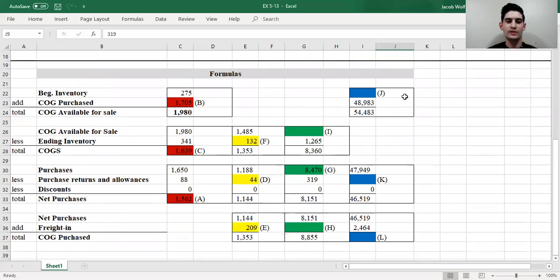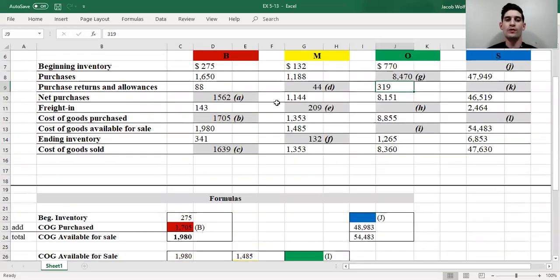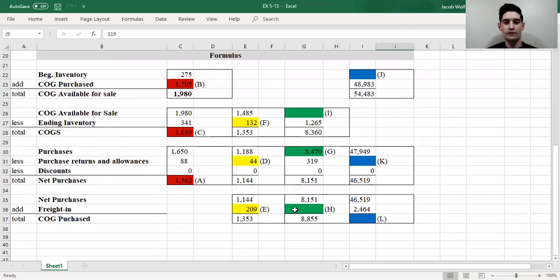All right, and we're going down to H. We're going to be finding the freight in for company O. We went through freight in already, and we'll just use that formula. Here we have those values.